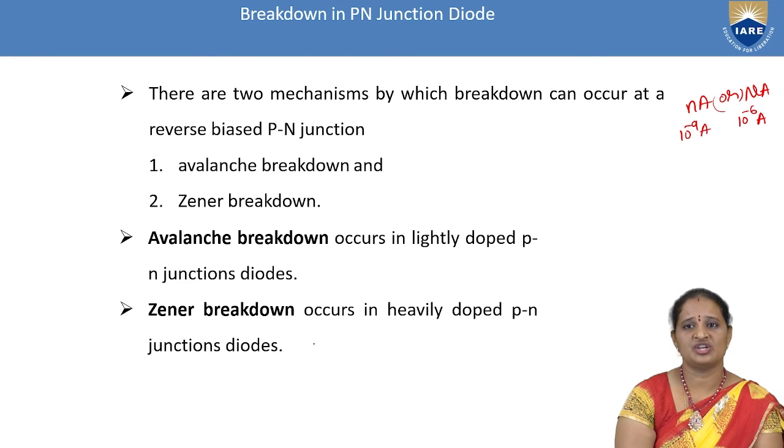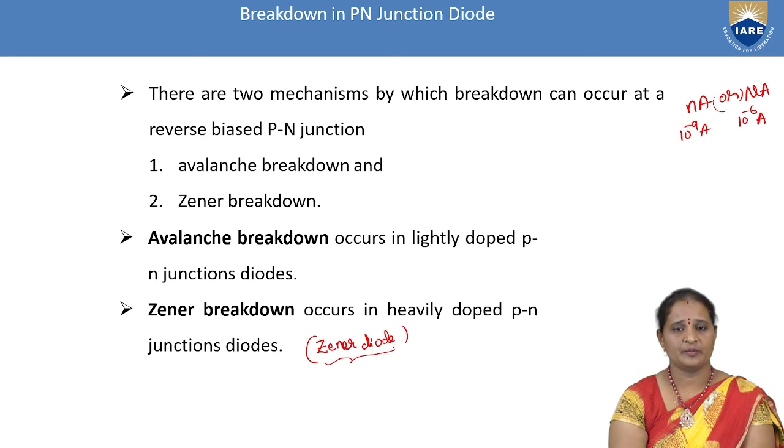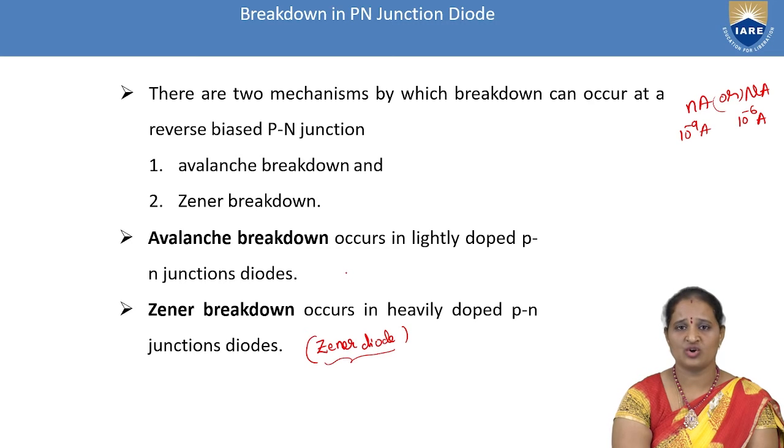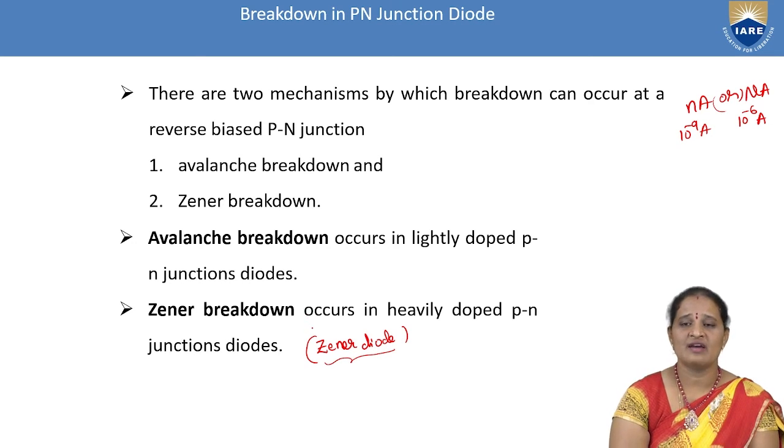The example of a heavily doped PN junction diode is the Zener diode. Zener diode is also a PN junction diode, but it is heavily doped, in which we can experience Zener breakdown, whereas in a lightly doped PN junction diode, that is a normal PN junction diode, we can experience avalanche breakdown.